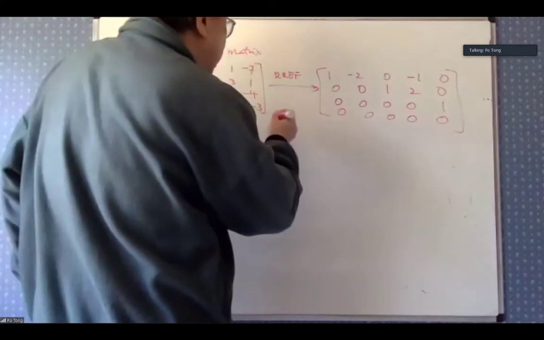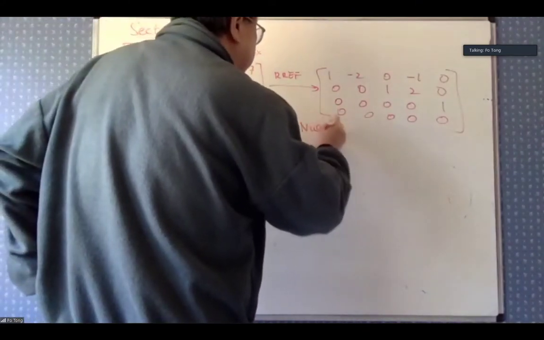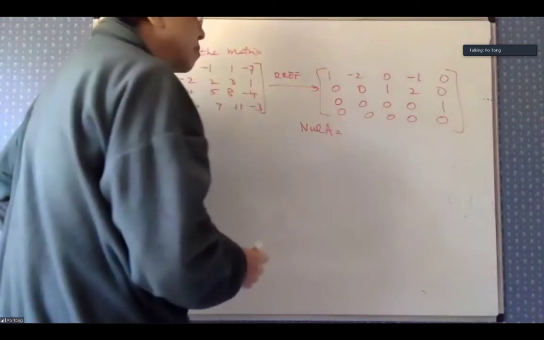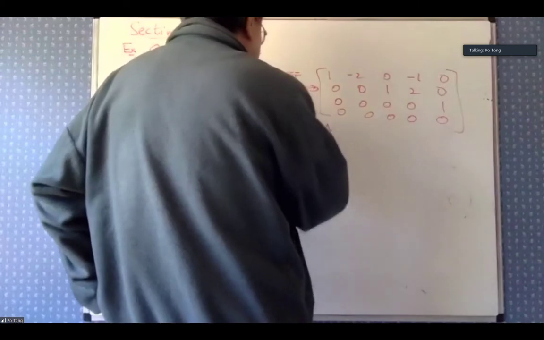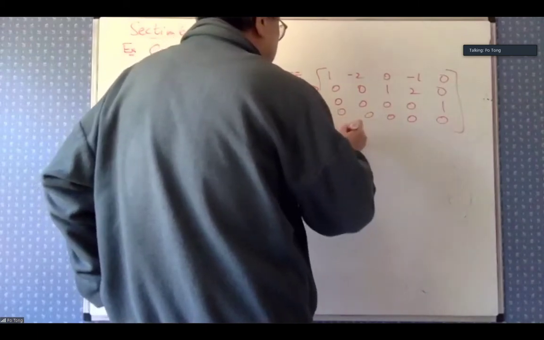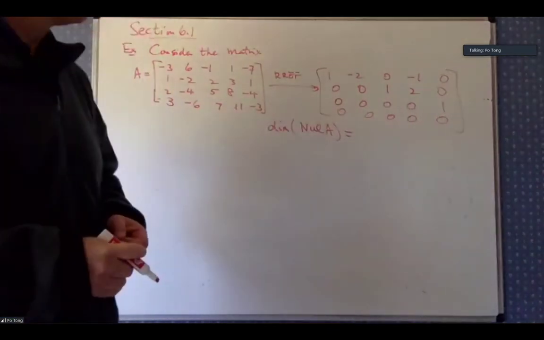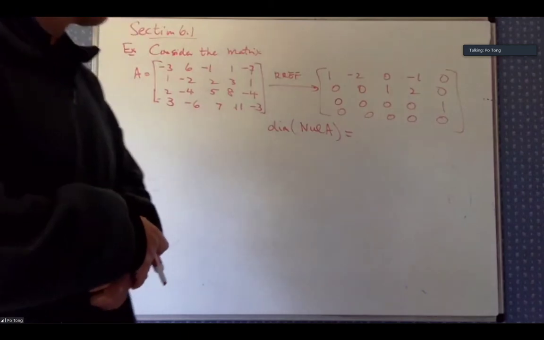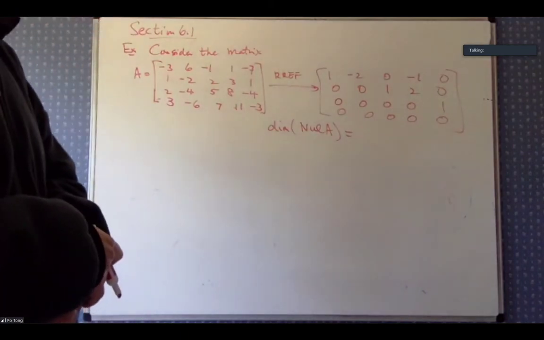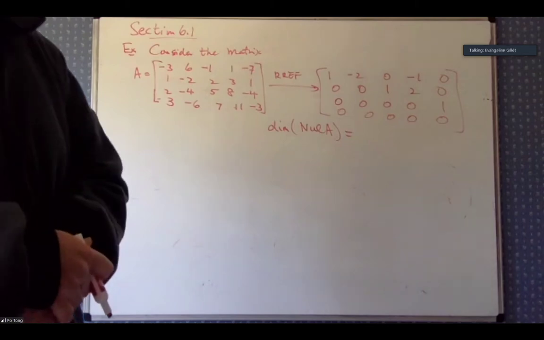We talk about, we understand the null space of A. The null space of A, what is the dimension of that? Based on this RREF of that matrix, what's the dimension of the null space of A? Two.